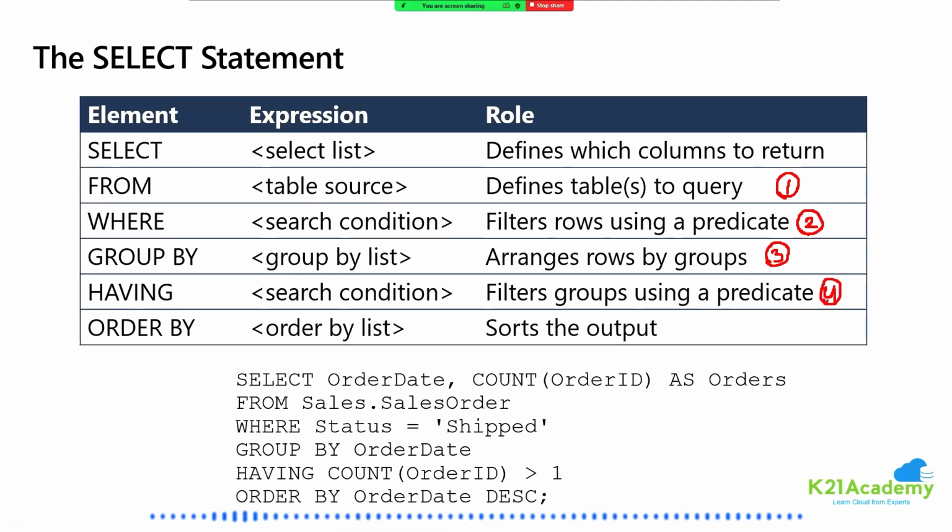Now, what will having do? Having is going to provide me a more narrowed down search. For example, I say give the details from a table, say employee, and I give a condition where gender is male.